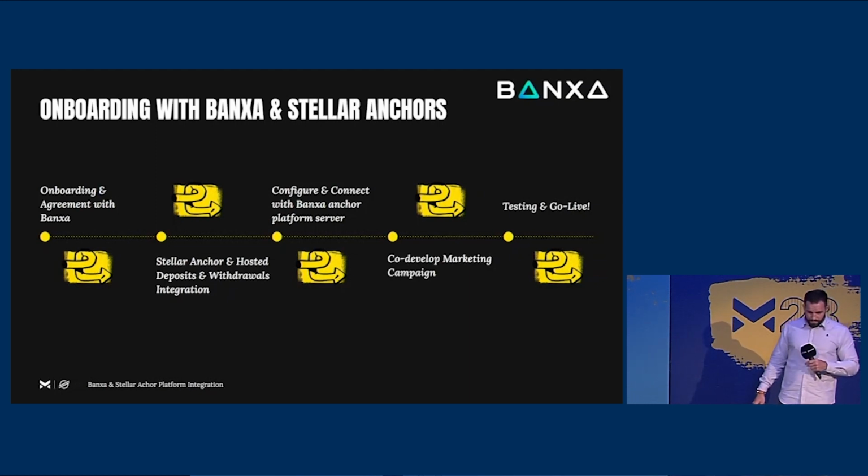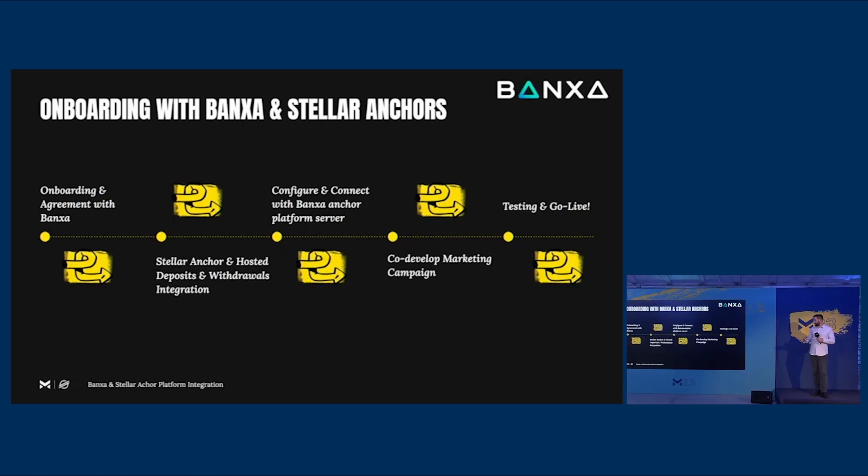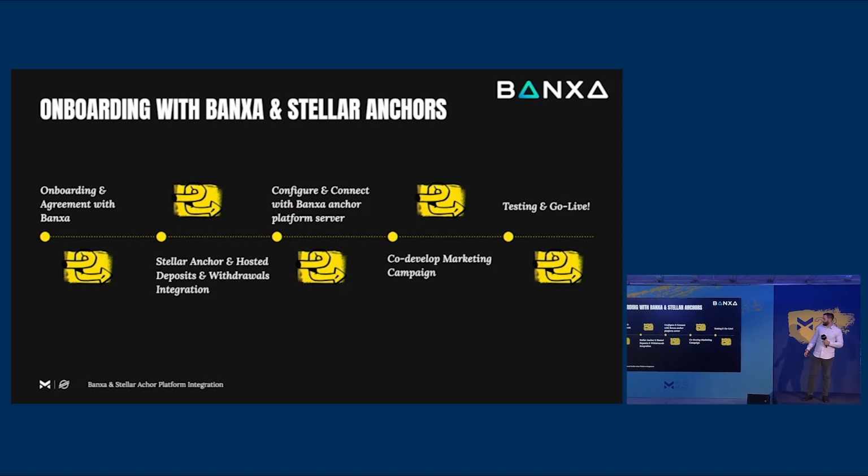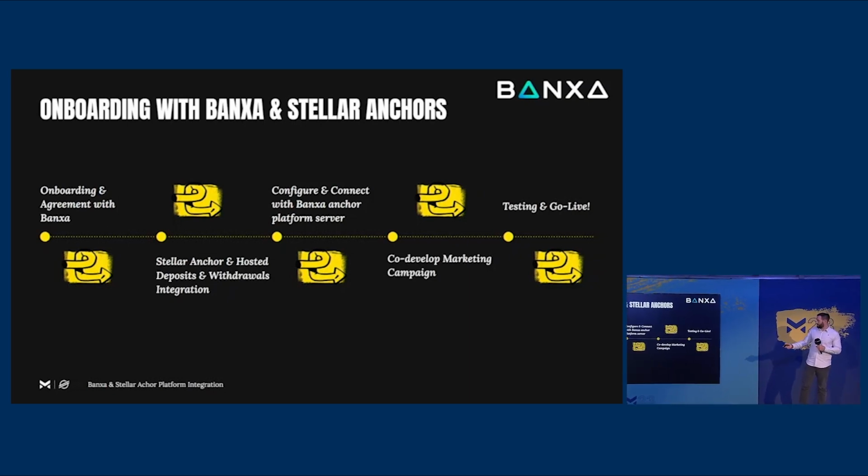Then it's essentially integrating the Stellar Anchor hosted deposits and withdrawal platform, as explained by Jake earlier today. Then you just flick a switch to turn on Banksa. We create you as a merchant on our side and give you the API keys, and then that gets turned on. Then we can do a co-marketing campaign, and that's it. We go live. It's as easy as that.